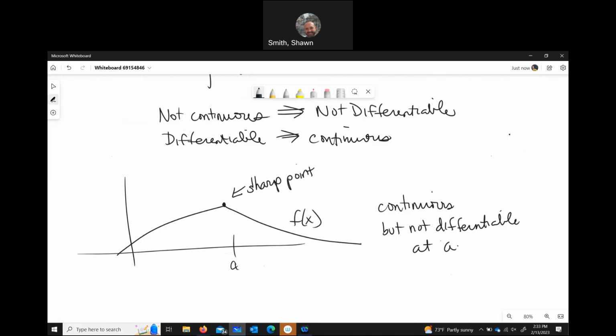So anywhere you have sharp points, you can't put a tangent line. It's the same thing. It's like that endpoint. That tangent line will just wobble around it, right?